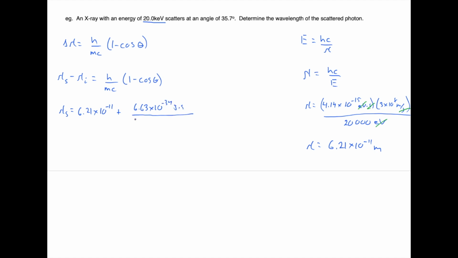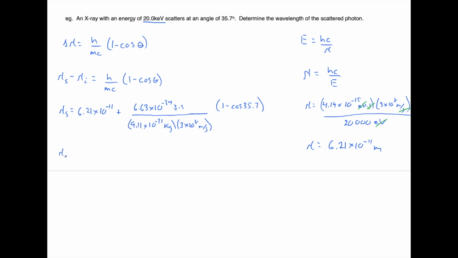I'm going to divide that by the mass of the electron, so 9.11 times 10 to the negative 31. And that'll be on your formula sheet, so you can just look that one up fairly easily. And of course, 3 times 10 to the 8, that'll be in meters per second for the speed of light. And then I'll multiply all of that by 1 minus the cosine of that 35.7 degree scattering angle.